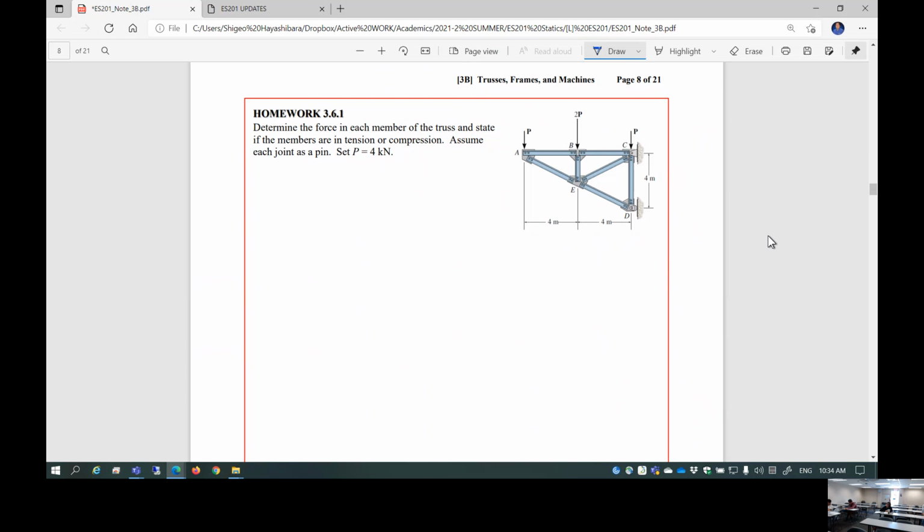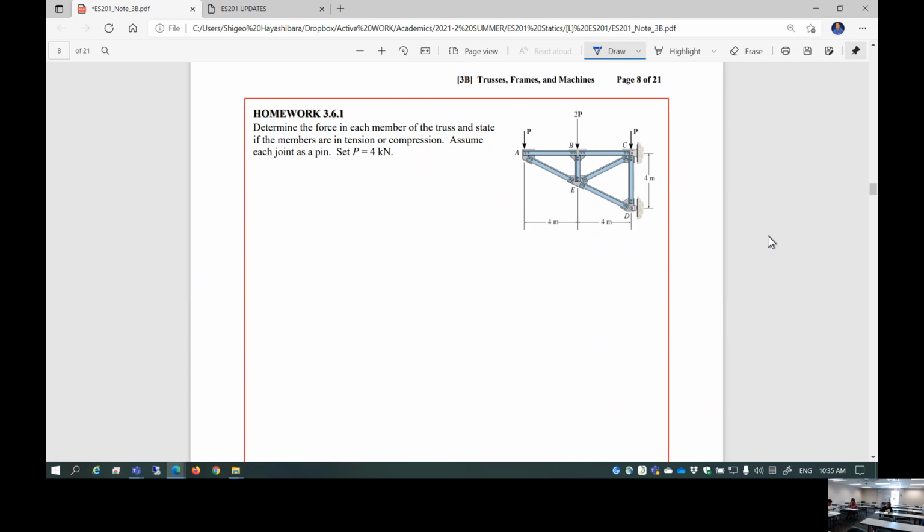Support reactions. Okay, and after that, I'm going to probably start with maybe A. A is two members creating joint A, with one external force P applied. So you can determine AB and AE. That's the first step.